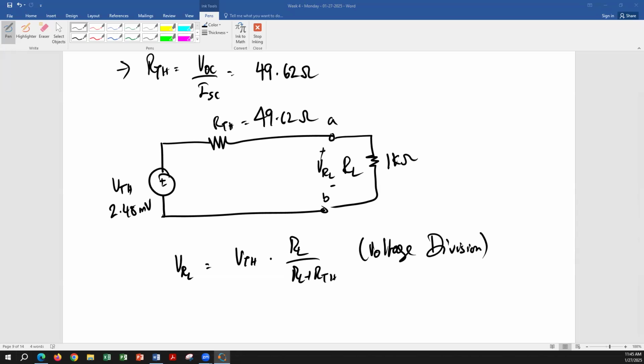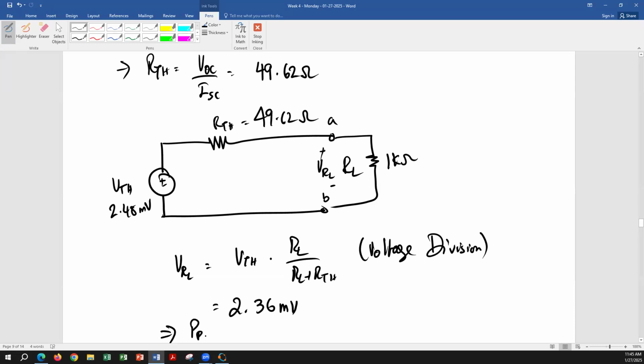VRL is equal to V Thevenin times 1000 divided by R Thevenin plus 1000, 2.36 millivolt.